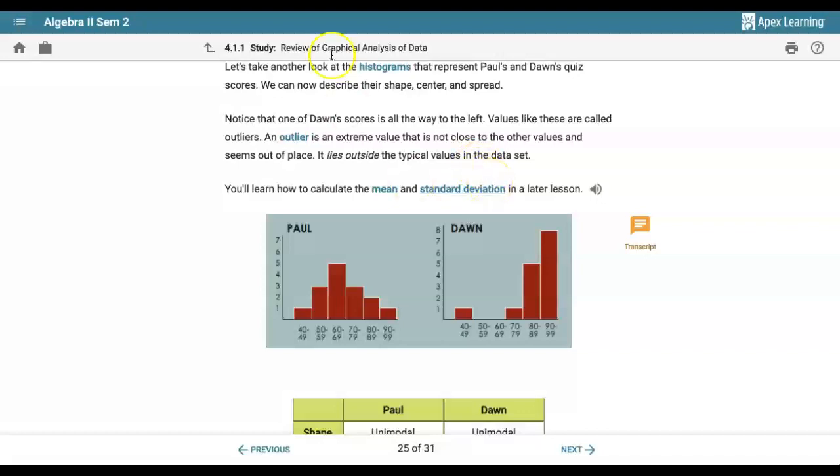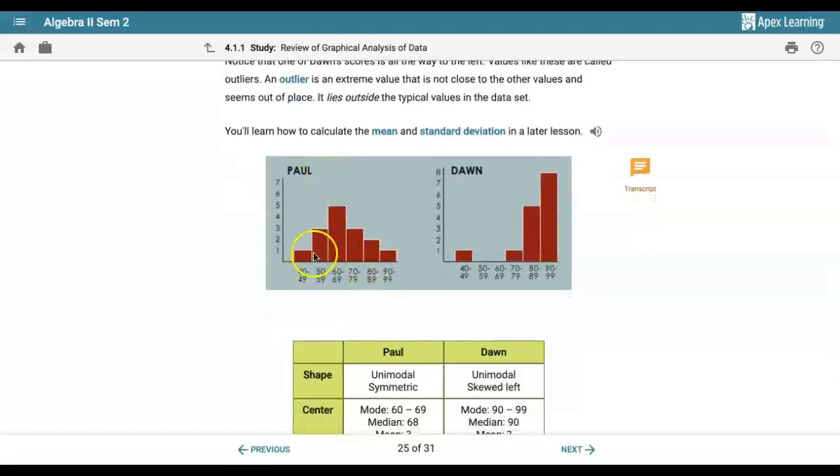All right, but what we can notice here is this thing called an outlier. An outlier is an extreme value that is not close to the other values. It seems out of place. So if you look here, all of these are kind of close together. They're touching, right? They kind of look like a nice graph. Over here, we start going to the left, they're all touching, they're all close together. We skip a couple, then all of a sudden there's a value.